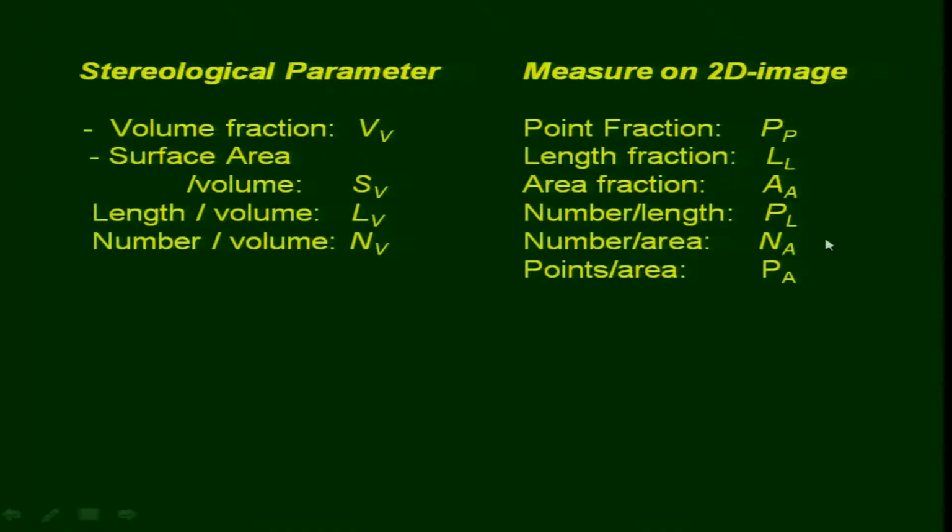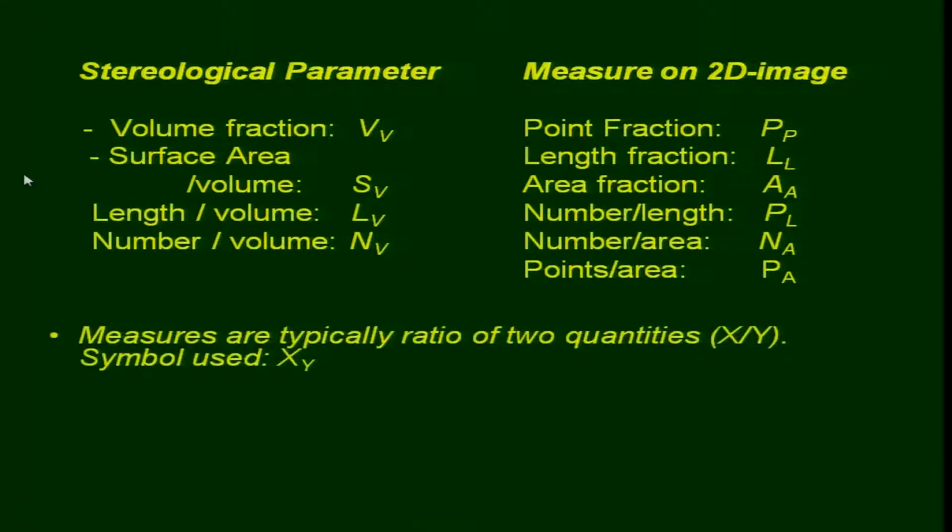And from these measurements on the right, we want to estimate these parameters on the left: volume fraction V sub V, surface area per unit volume S sub V, length per unit volume L sub V, number per unit volume N sub V. As you can see, the measurements as well as the quantities we want to estimate are ratios of two quantities, x upon y.